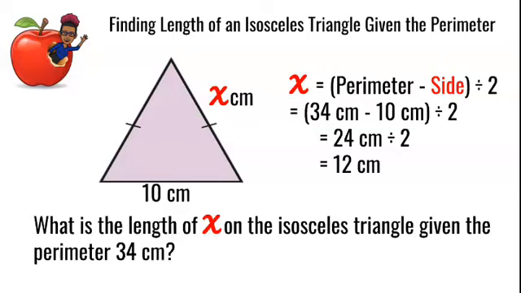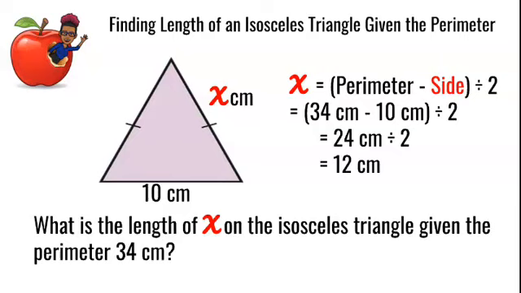So perimeter 34 centimeters, or distance around, minus that length that we are given. 34 minus 10. And then what we get from that, we would divide by 2.